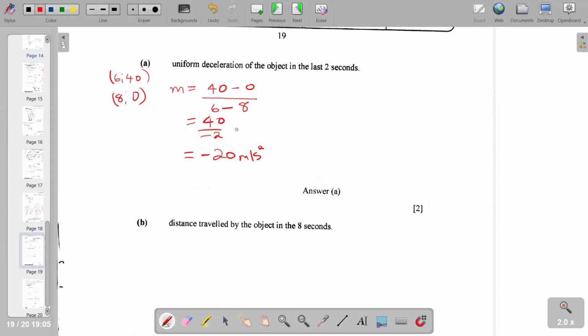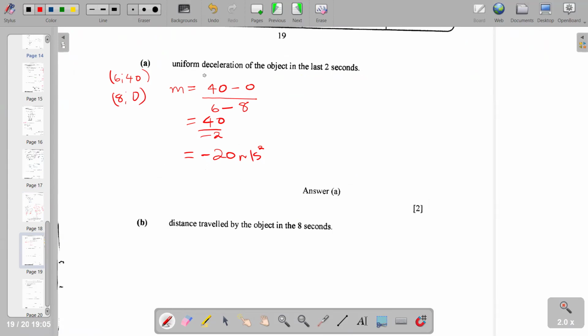But take note, the moment we put a negative, it means it's acceleration. If they ask you for deceleration, you do not have to include the negative, because sometimes they just say calculate acceleration.